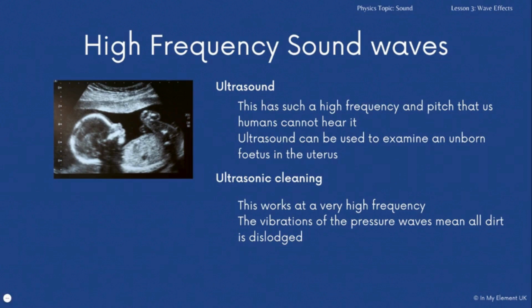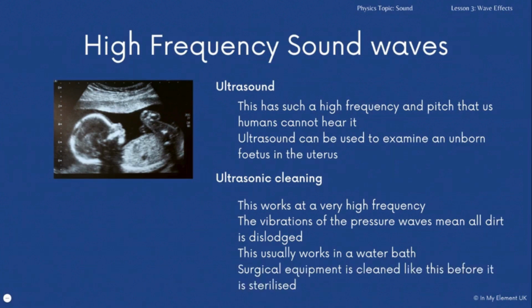The vibrations happening at a really high frequency are then able to dislodge the dirt from, say, surgical equipment, or from jewellery that they want to clean, or a fountain pen that they want to dislodge all the dried on ink from. The high frequency of those vibrations is how it's able to dislodge those things.